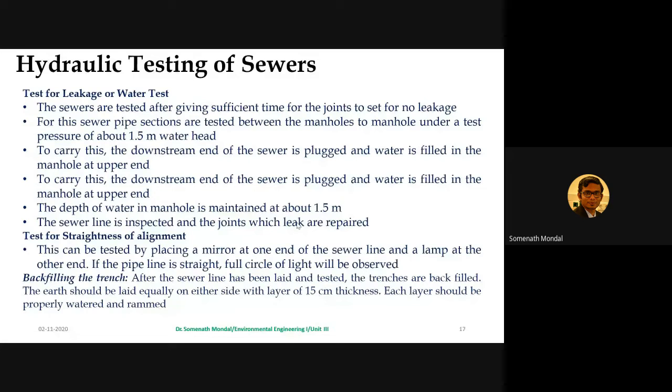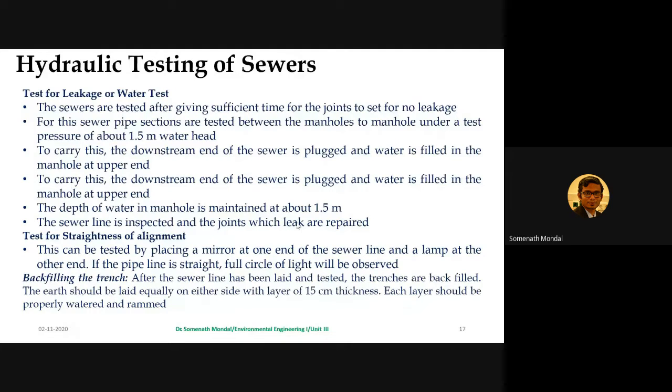For this purpose, the sewer pipe sections are tested from manhole to manhole under a test pressure of about 1.5 meter of water. Remember, what we are testing is one manhole to another manhole, so segment-wise testing is conducted.